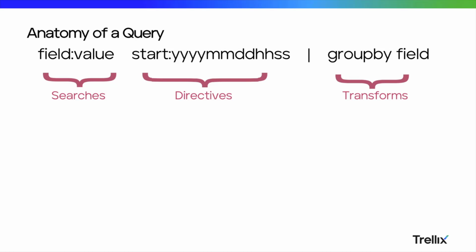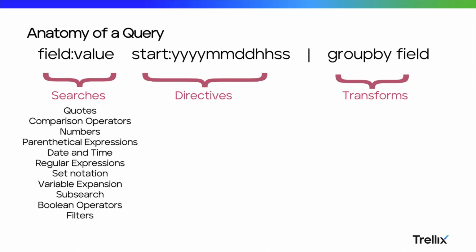So just to summarize what we've seen, we have our searches built out of field value pairs, maybe more than one. And we saw things like comparisons, numerical comparisons, regular expression, set notation with that bracket and multiple values, and the lists and aliases.